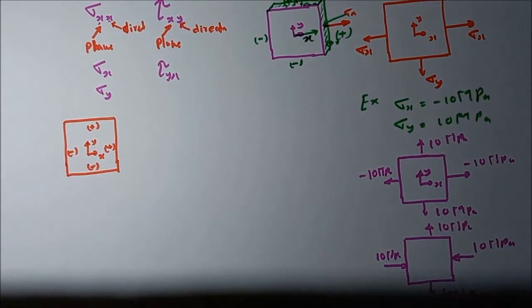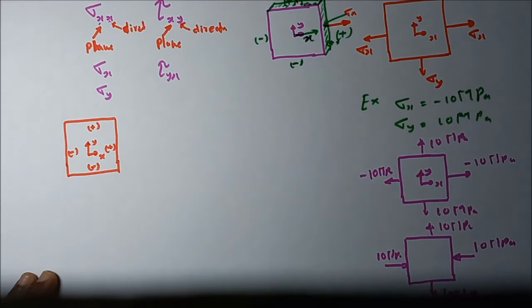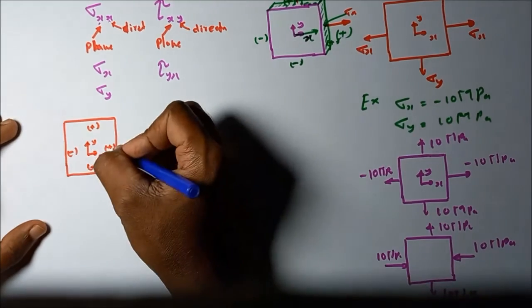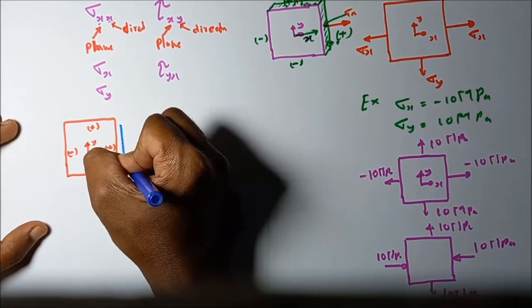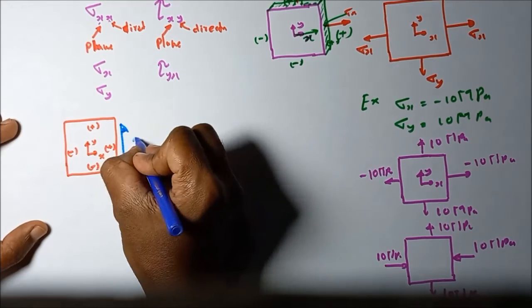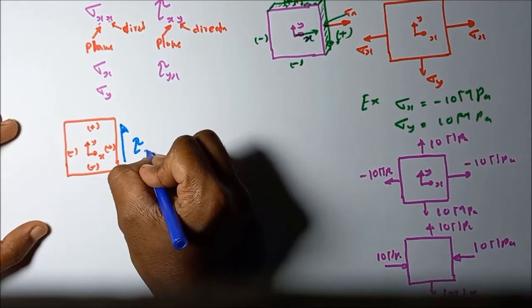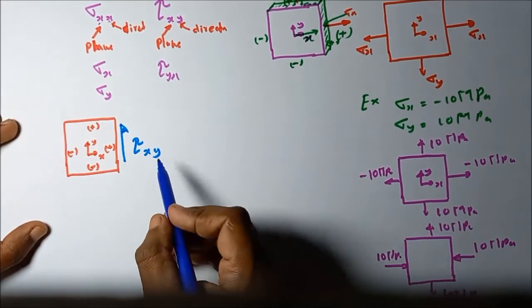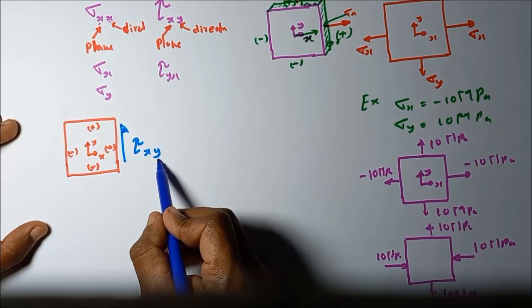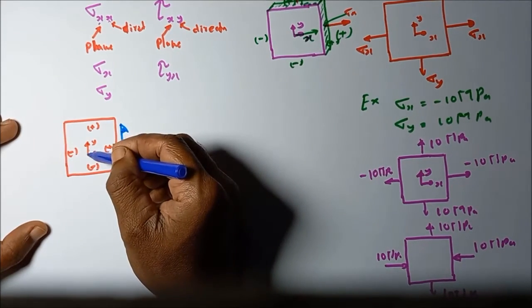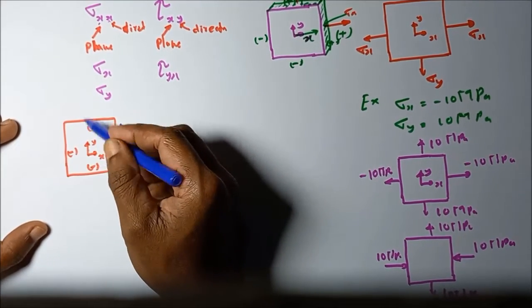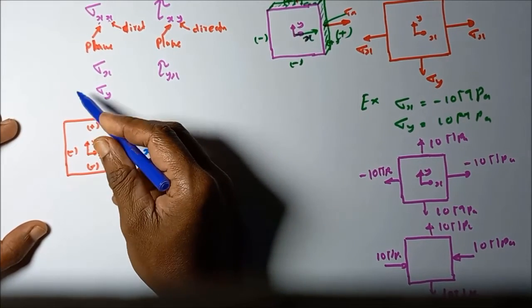If the shearing stress is acting on a positive plane and is directed in the positive coordinate axis direction, this kind of stress is tau xy. The first subscript letter says the direction: it is acting in the y direction.